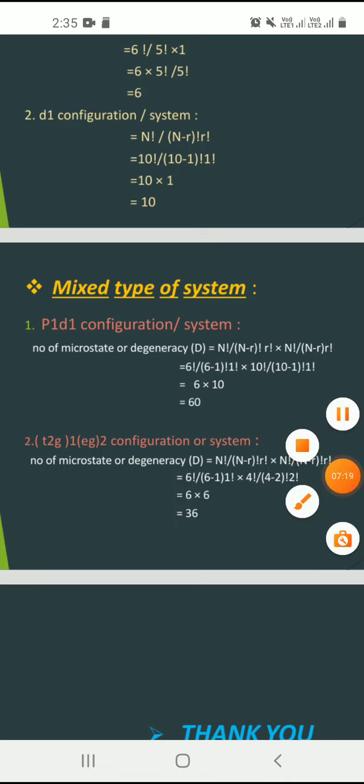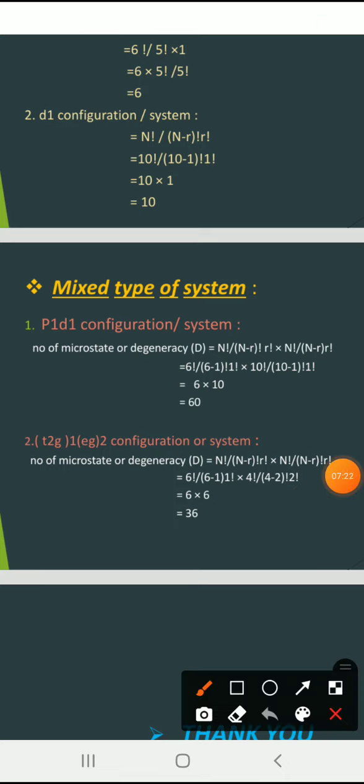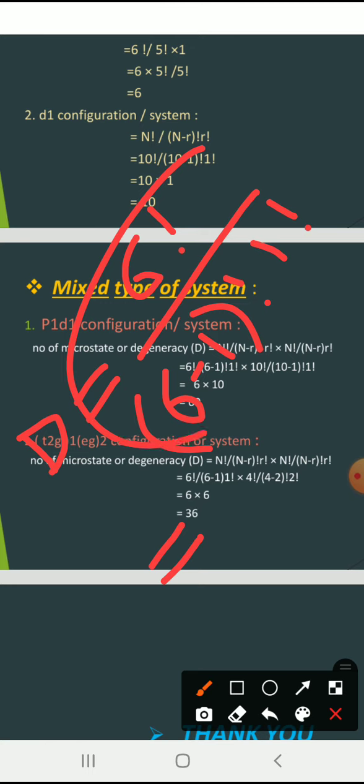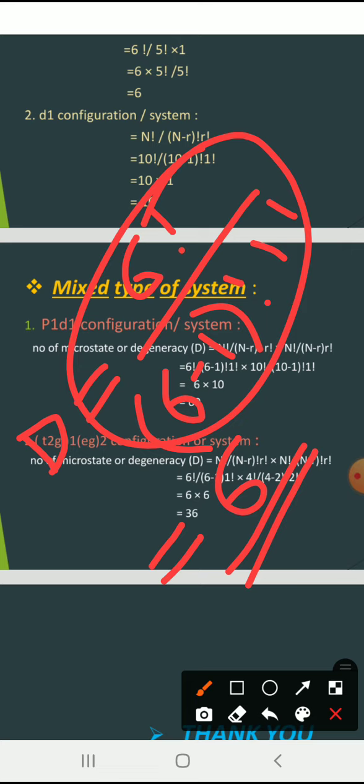Here we calculate the number of microstates for p1 firstly. Therefore D is equal to, we know that N is 6 for the p1 system, so N factorial divided by (6 minus 1) whole factorial into 1 factorial. We saw this calculation above, and it becomes 6.